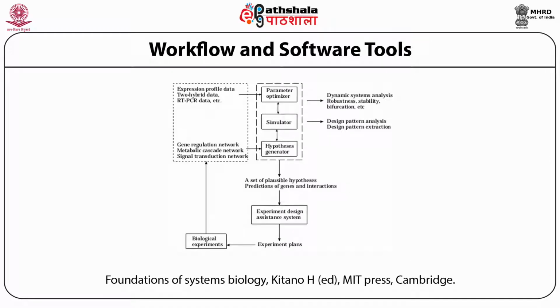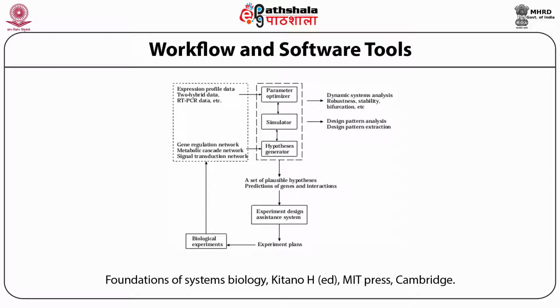Workflow on software tools. This flowchart explains the different software tools and their interactions in systems modeling. For example, you have expression profile data, two-hybrid data, RT-PCR data, etc., describing the expression. Similarly, we have gene regulation networks, metabolic cascade networks, and signal transduction networks. They all can be given as input for software components like a parameter optimizer, a simulator, and a hypothesis generator.